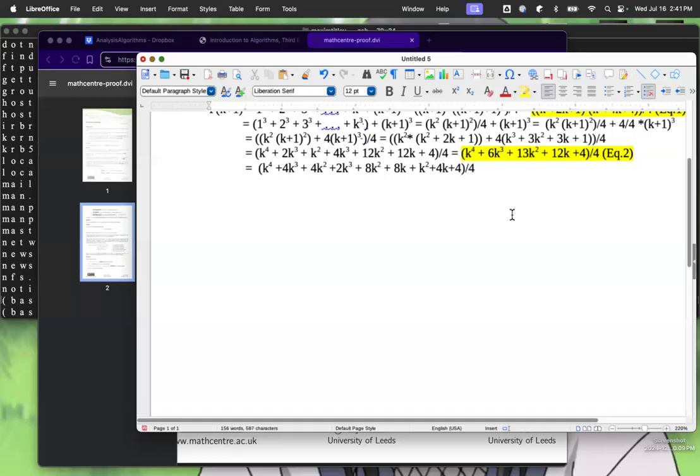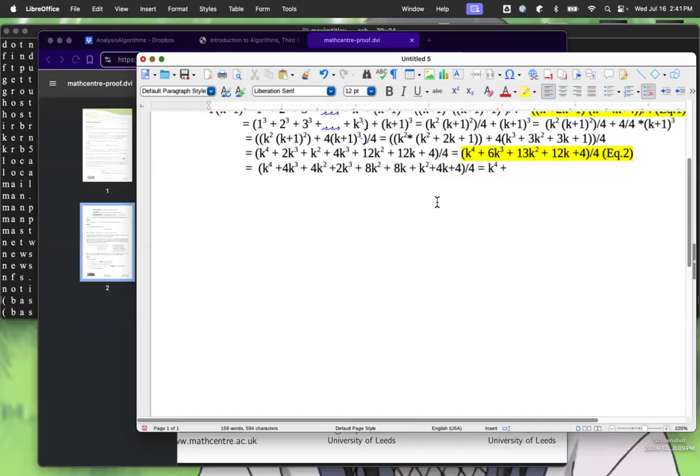But now to combine like terms, this whole thing equals k to the 4th plus, all right, I have 4k cubed plus 2k cubed.